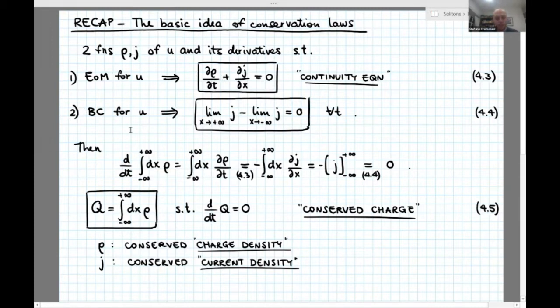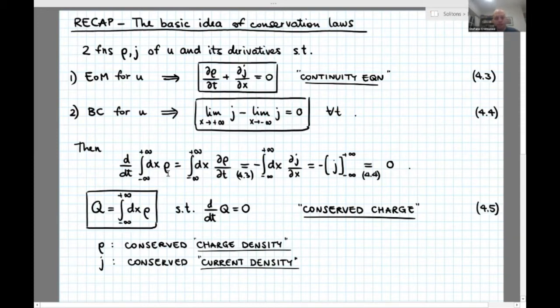And the second condition that we would like to hold is that the boundary conditions for the field U should imply that the limits of j as x goes to plus infinity and as x goes to minus infinity are equal and finite for all values of the time t. So why are these two conditions useful?